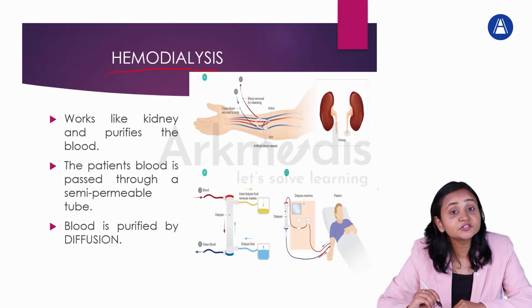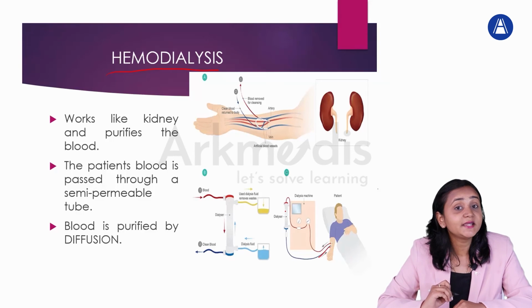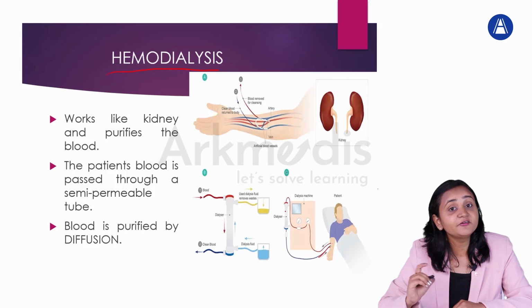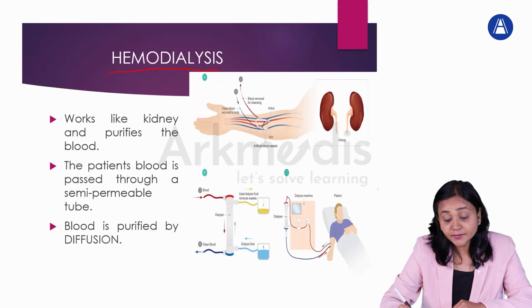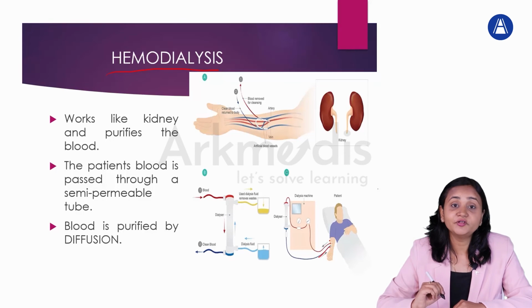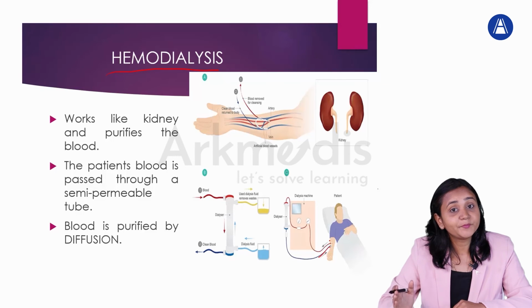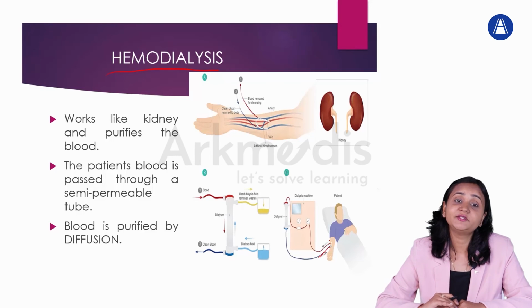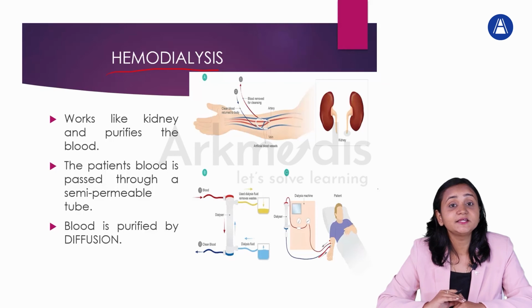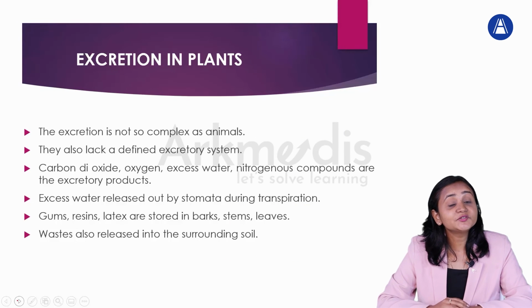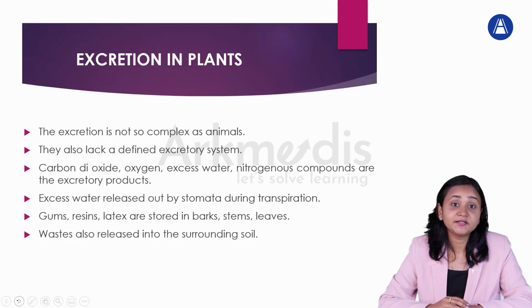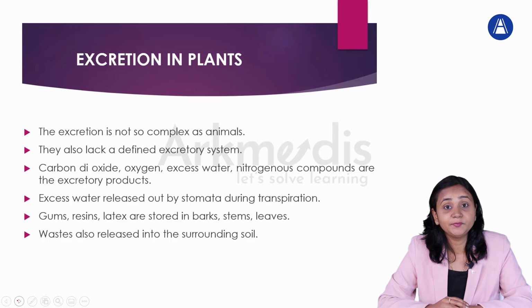Here, the process of purification of blood takes place by the process of diffusion, and the pure blood is then again taken inside the body of the patient. So, in this way, the blood of the patient is purified with the help of this dialyzing unit. This was all about the process of excretion in animals and human beings.